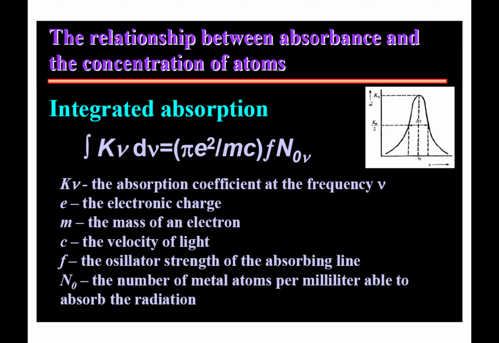You want to see here N naught nu is the number of metal atoms per milliliter able to absorb radiation, and we have an absorption coefficient. There are some other factors that I point out, but without going into the details, there's the oscillator strength of the absorbing line.